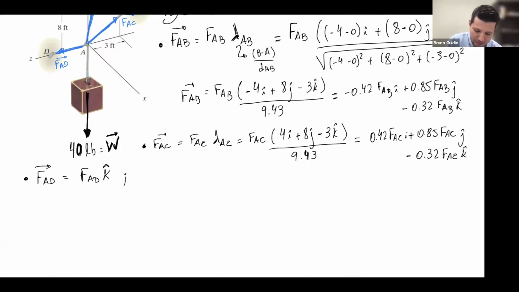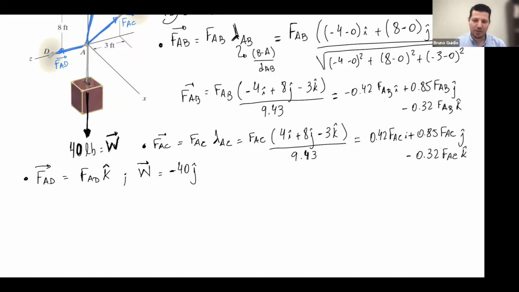Also, what is W? Negative 40 j hat, because this is the only component that I have in W. Sounds good?